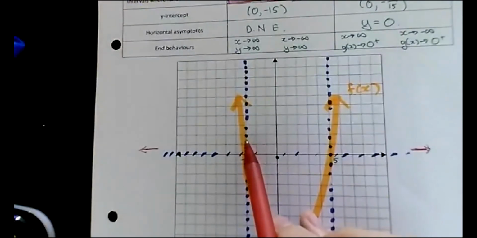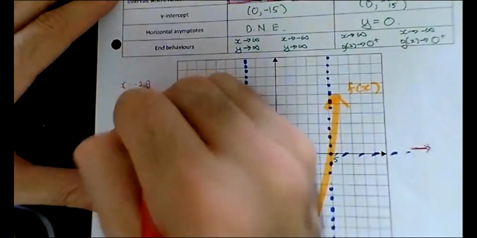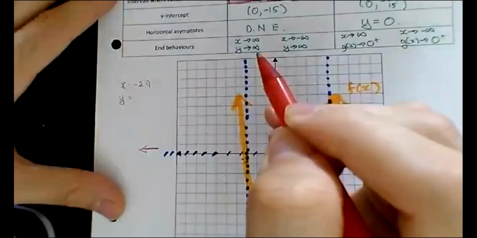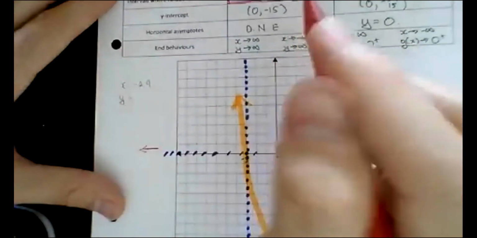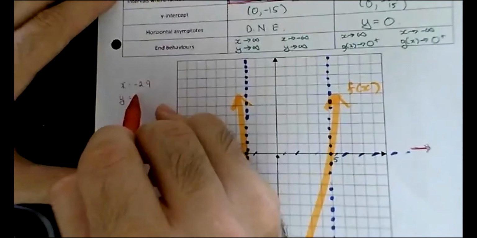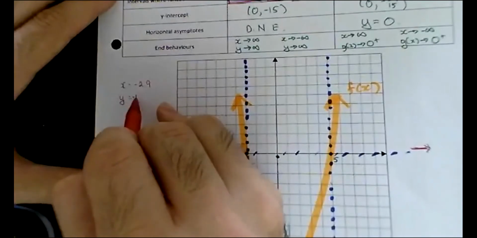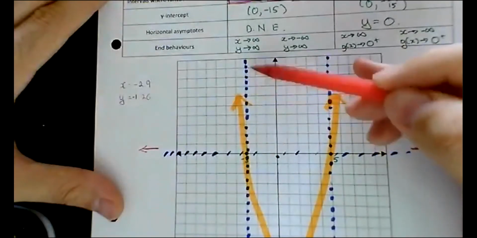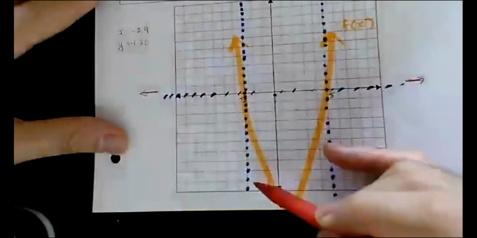So if you plugged in x equals negative 2.9, my y value is? No, it can't be negative. Wait, is it negative? Oh, yes, you're right. Negative 1.26. So it's a negative number. So if it's negative 2.9, I am here.